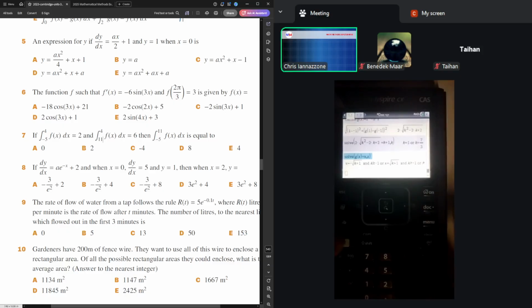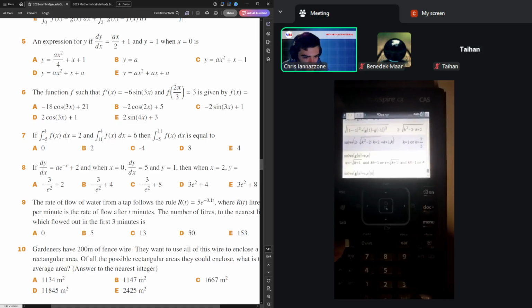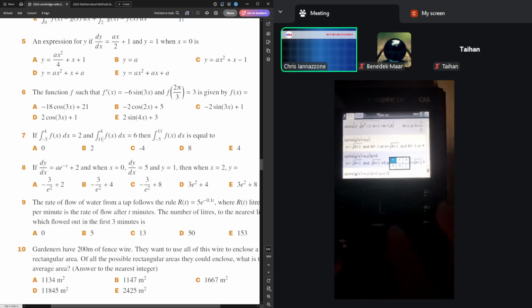Whenever I get this domain-related stuff, I go back and see if putting in my own domain fixes it. For instance, if I say given that x is greater than 0, maybe it'll fix it. It does not in this case. Maybe I could also put k is positive. So if I put a space in here and literally write the word and, A-N-D, another space, k greater than 0, maybe that'll further knock off all that stuff.